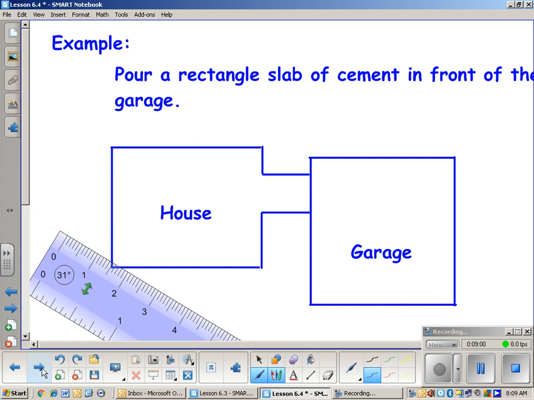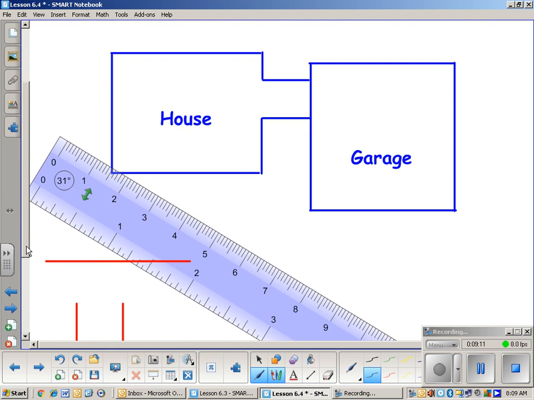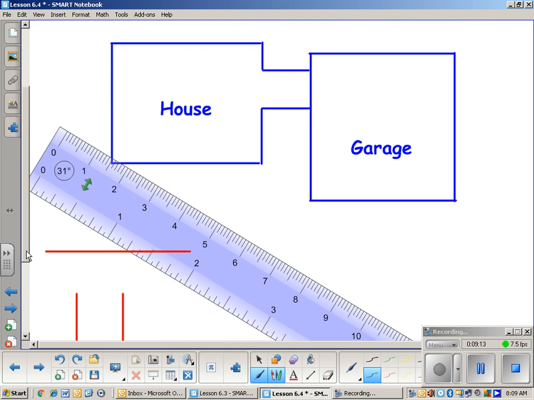Example, I just was talking about this. Pour a slab of cement in front of the garage. Actually, it's kind of what my current house looks like. So I take these form boards and I set them out here.